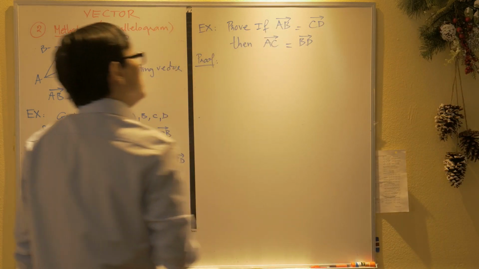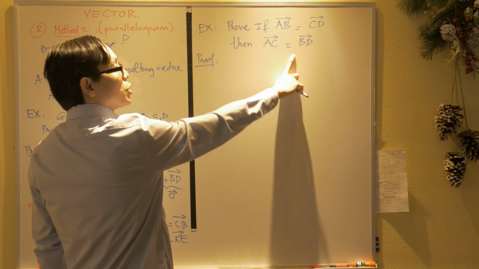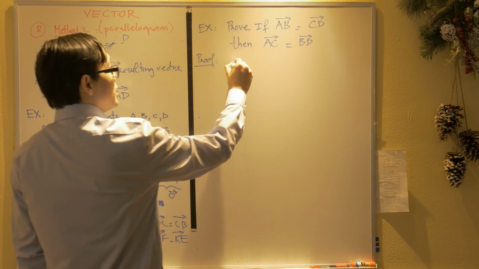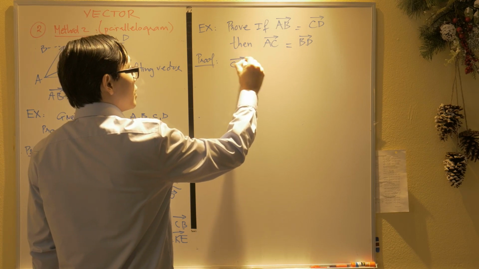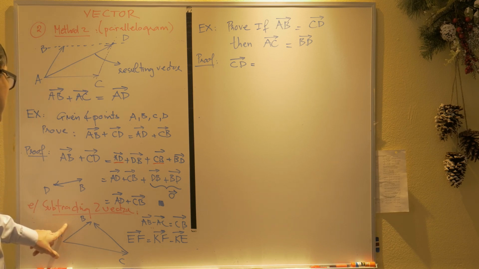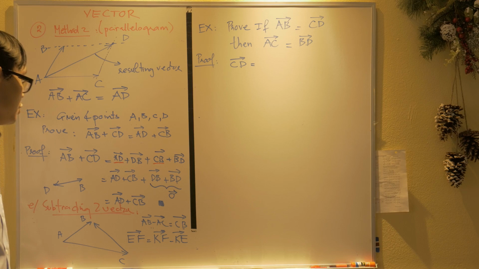So we know that AB equal to CD. So this is the first statement. I want to show the second statement. I know that CD can be written as, if I use the subtracting method, I can split it up into two smaller vectors using a ladder.